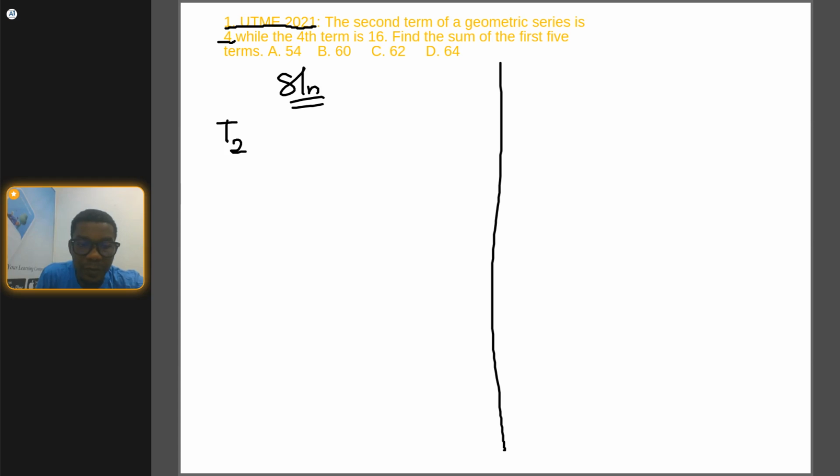T represents term, and the number 2 here represents the second term. So T2, the second term, is given to be 4.